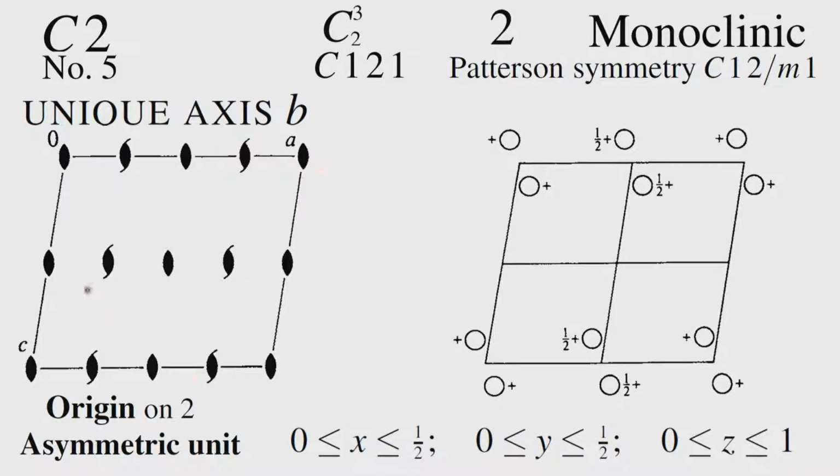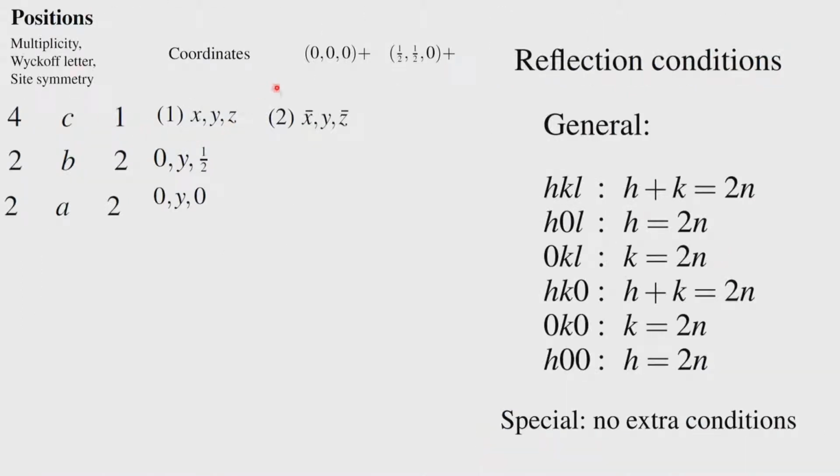There is no need to discuss this anymore, we have done it many times. So, it develops additional 2 screw axes and so on, and then these are the equivalent point dispositions. So, because it is a C-centered lattice, we have 4 equivalent points, 2 due to x y z, x bar y z bar, that is the 2-fold operation, and then we have the additional half half 0 as the additional lattice point.